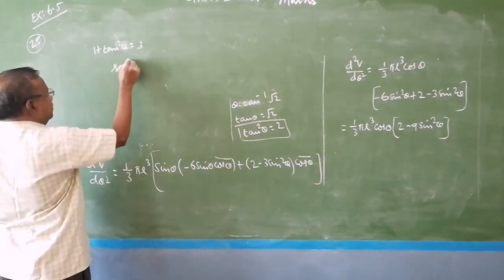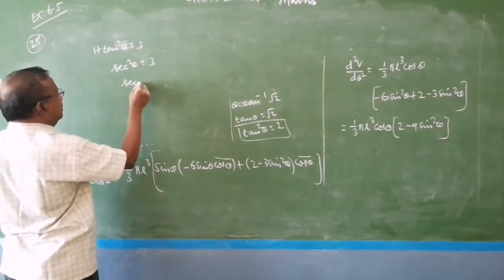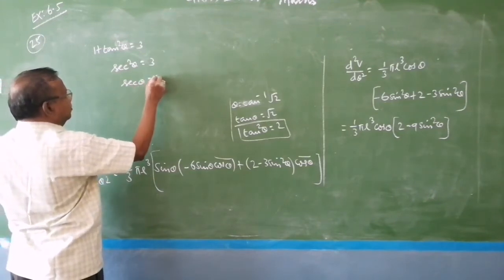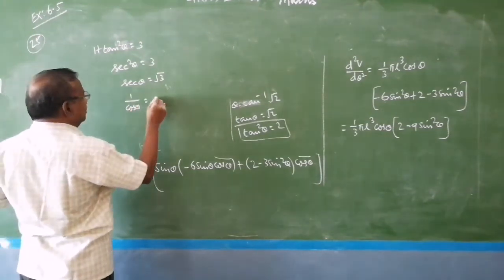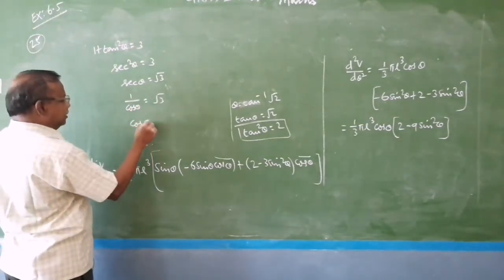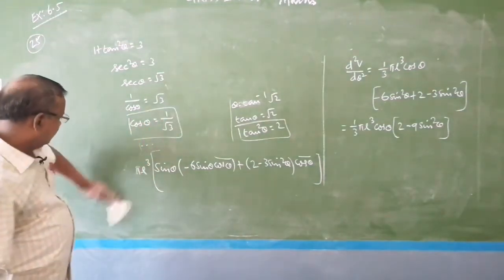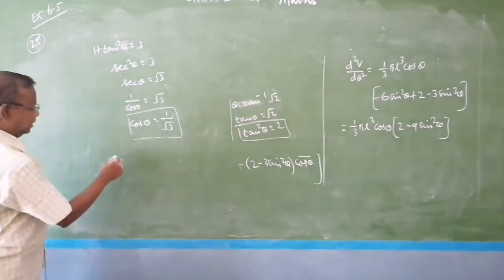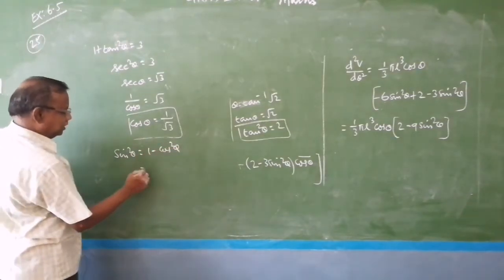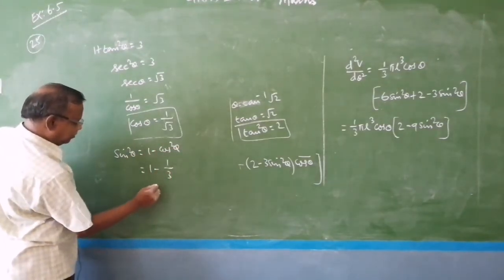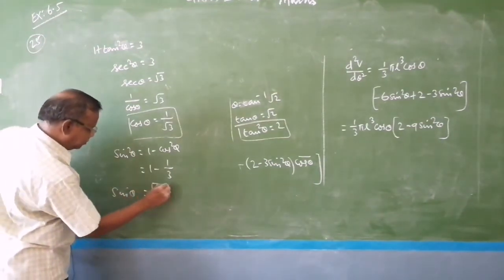So secant square theta equals 3, so secant theta equals root 3. So 1 by cos theta equals root 3, or cos theta equals 1 by root 3. And what is sin theta? Sin square theta equals 1 minus cos square theta, which is 1 minus 1 by 3 equals 2 by 3. So sin theta equals root of 2 by 3.